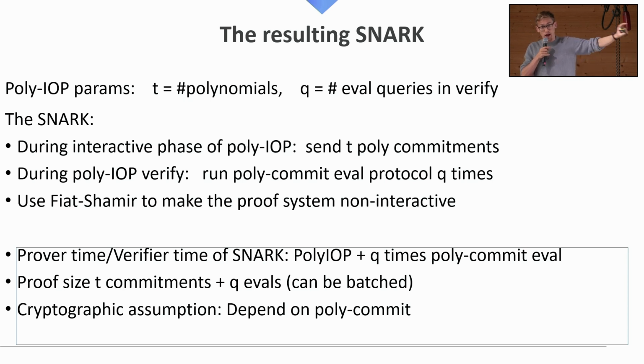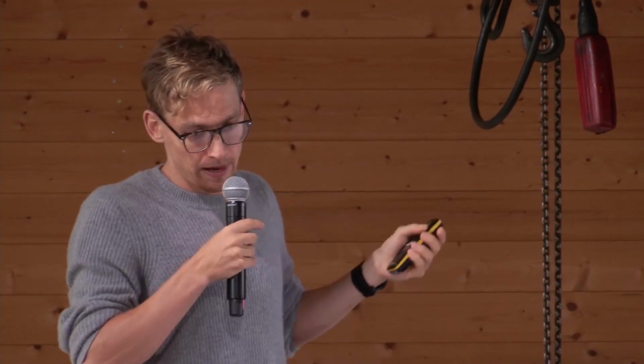If you use FRI, you get something that is plausibly post-quantum resistant. If you use KZG, you get something that requires pairings, but maybe has a shorter proof size. The poly IOP, though, is really the way that we encode the circuit, so it also defines how we think about our computation.